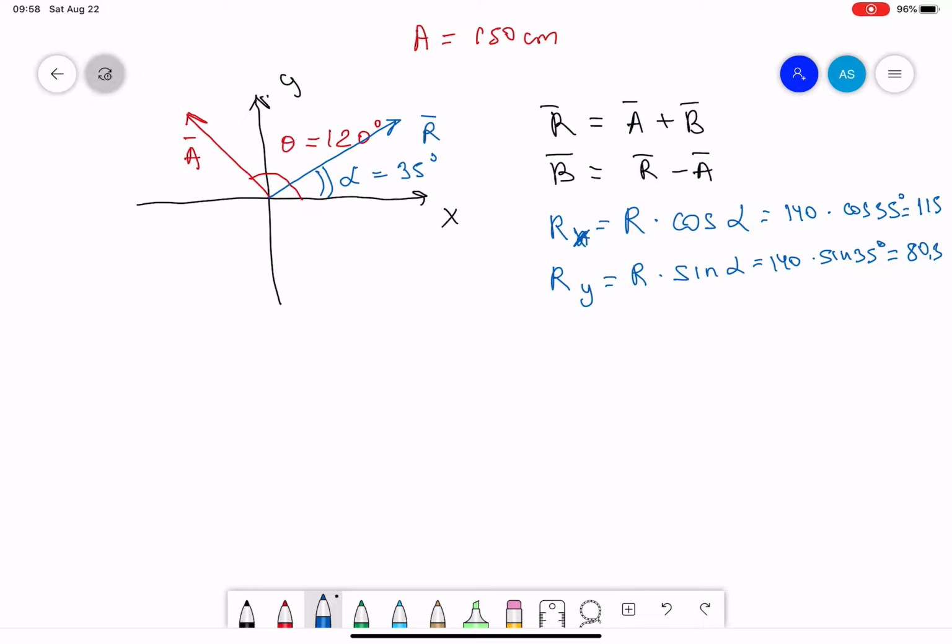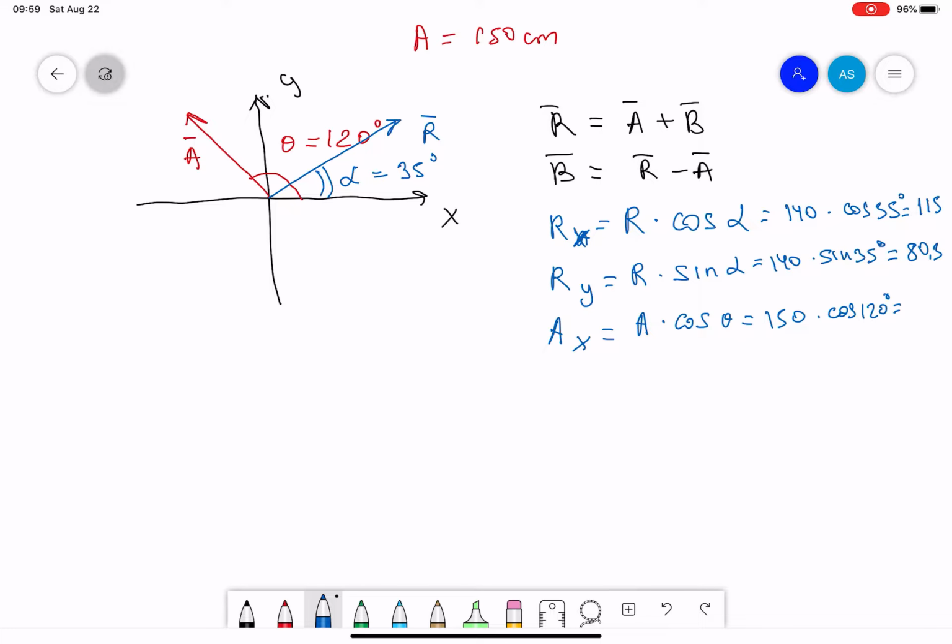Okay, now let's find the components for the A vector. The Ax component will be equal to A multiplied by cos theta, which in our case is 150 multiplied by cosine 120 degrees.